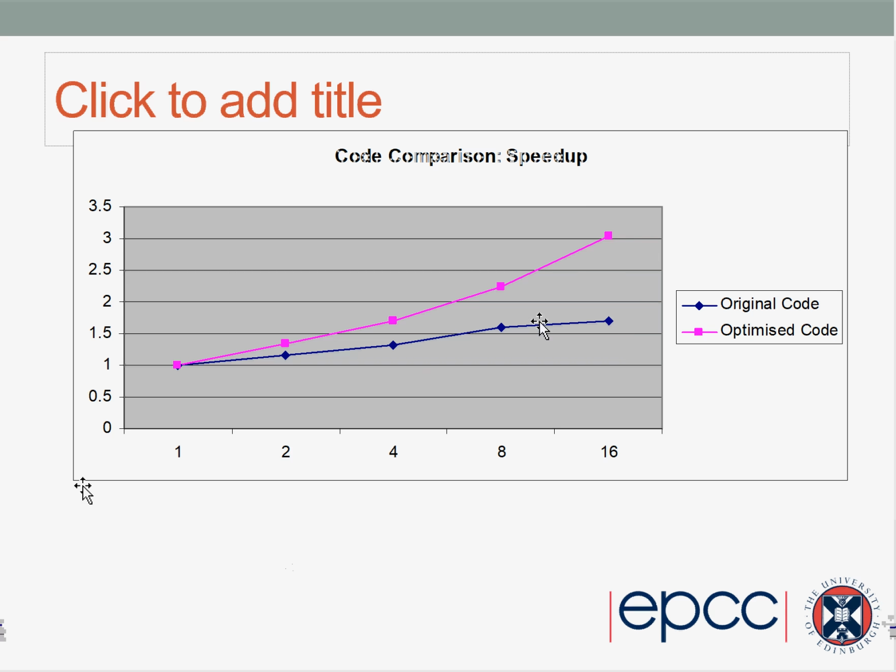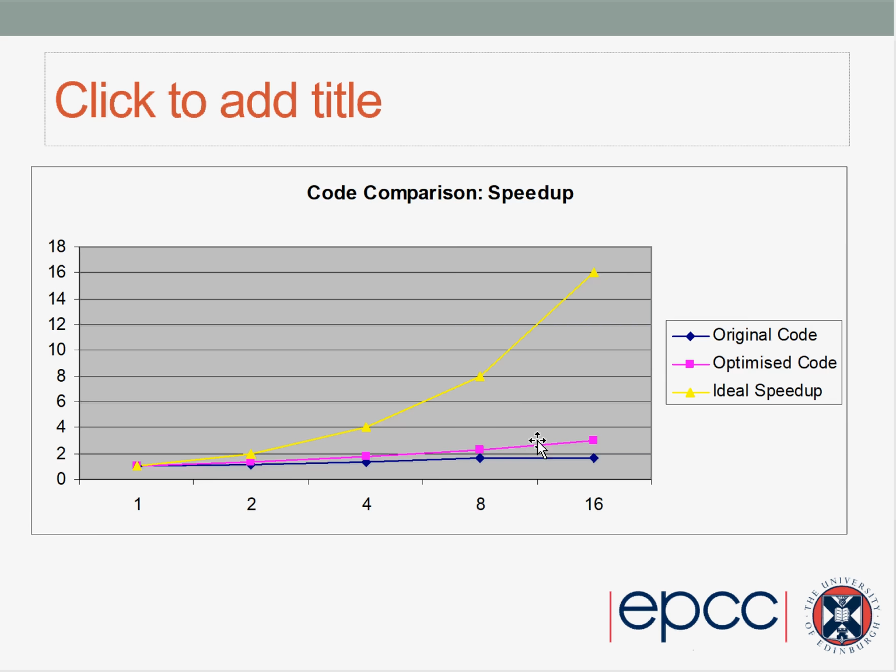So I could look at this, and if someone presented this to you, you could naively assume that the optimized code has done a really good job, and you'd like to use the optimized code rather than the original code. But remember that this is displaying speed up, which is a metric derived from the time. So it's something I've calculated from the runtime, and it's not showing me actual time to solution. So it's not necessarily telling me all I want to know.